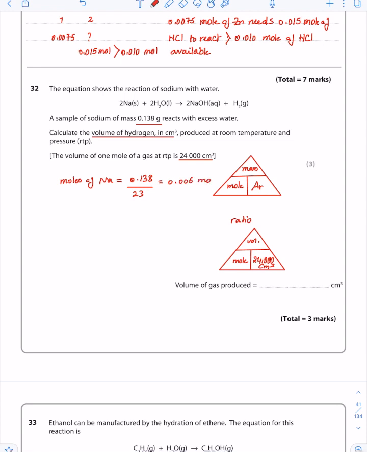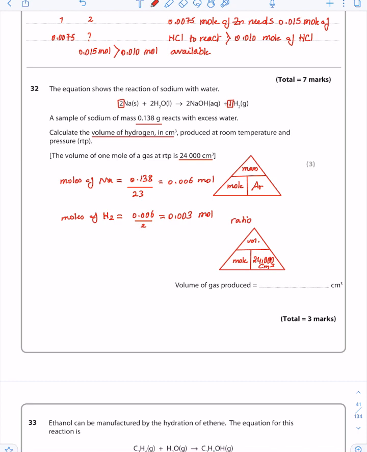0.006 moles. تاني ستيب نعمل ريشيو between الصوديوم للهيدروجين. الريشيو كام لكام؟ الريشيو 2 to 1. وده معناها ان المولز of hydrogen is equal to 0.006 over 2. يعني تطلع 0.003 moles.